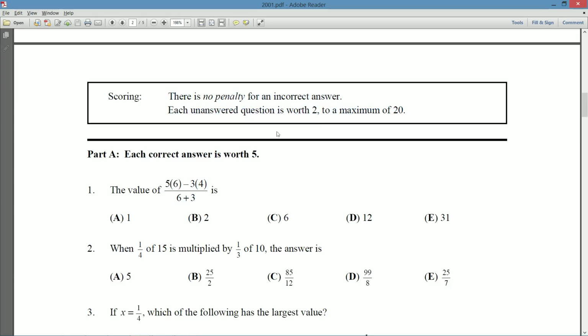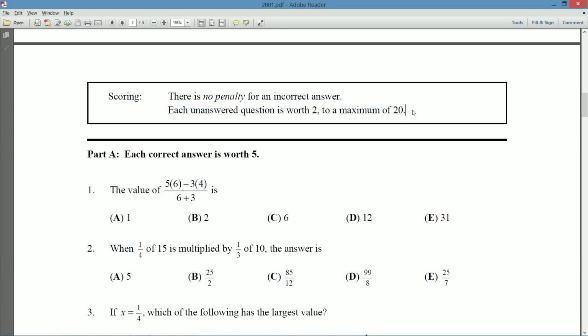That's less than the 2 points you would get if you just acknowledged, I don't know how to do this. So if you're having problems with a question, move on, leave it blank, and you can get 2 marks for free, for a maximum of 20 marks in total. You can't do the whole contest that way.